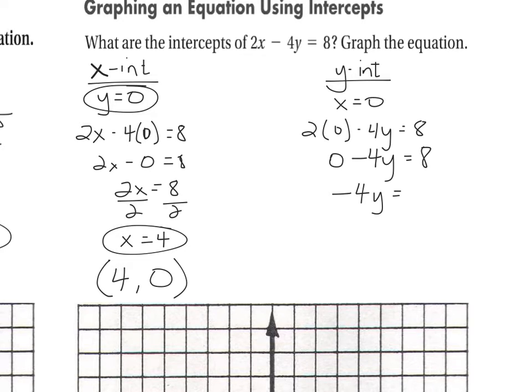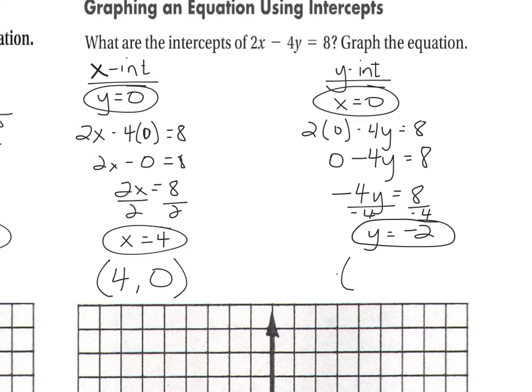So negative 4y equals 8. I'm going to divide by negative 4, and y is going to be negative 2. So that's my y value. Again, x always goes first, so x is 0 in this case, and y is negative 2.